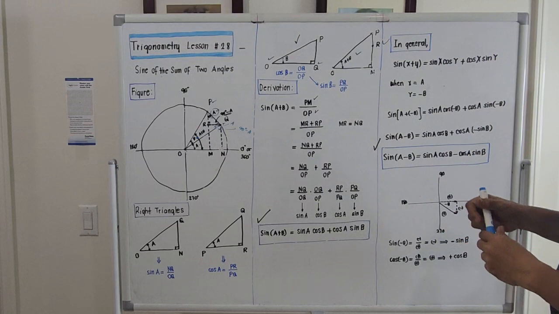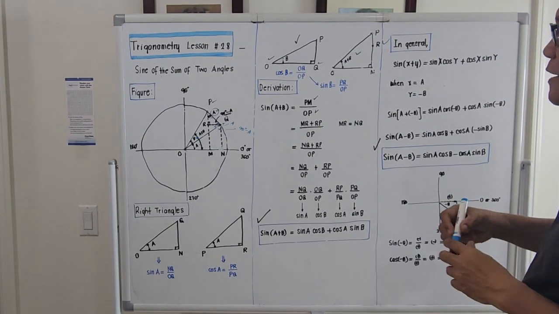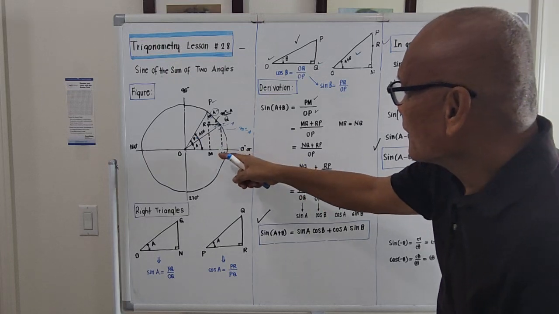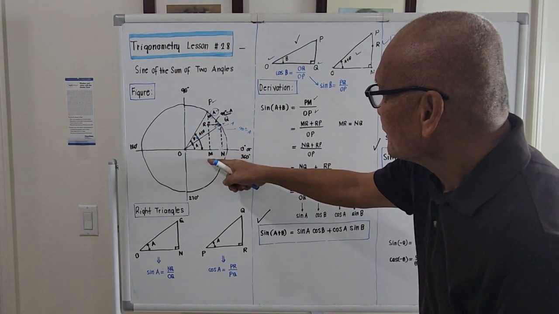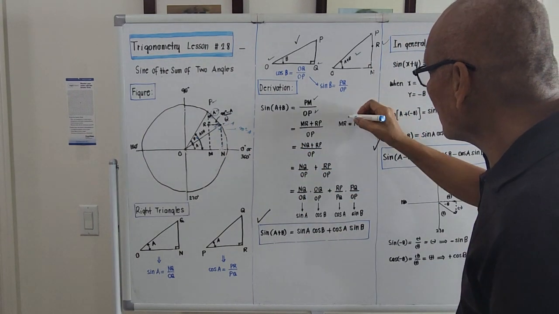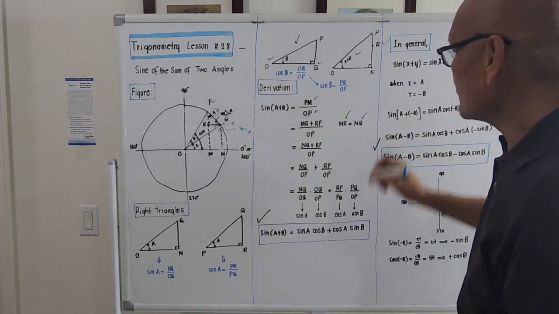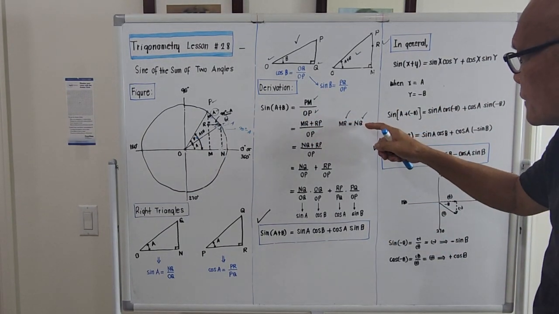And if we look at the given figure, what is MR? Where's MR? This is MR. It is the same as NQ. So MR is the same as NQ. Instead of placing MR here, I will place NQ.